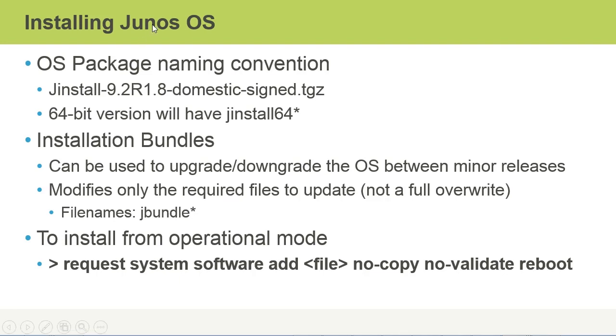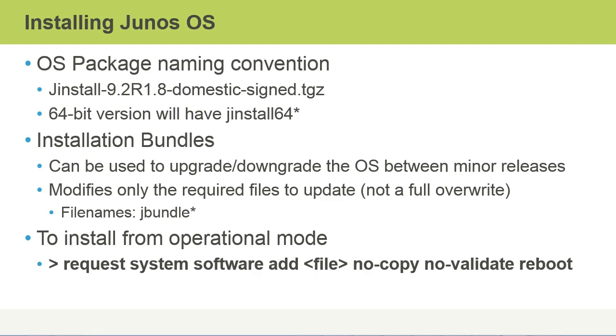Then there's a dash after that, and then you'll have the version of the software you're looking at. After the version, you'll have the edition of the software. In this example, I'm using the domestic version, which is the USA and Canada release of the software. We can also see that the software has been signed as well. Again, the 64-bit version will show with a 64 in the file name, so jinstall-64.